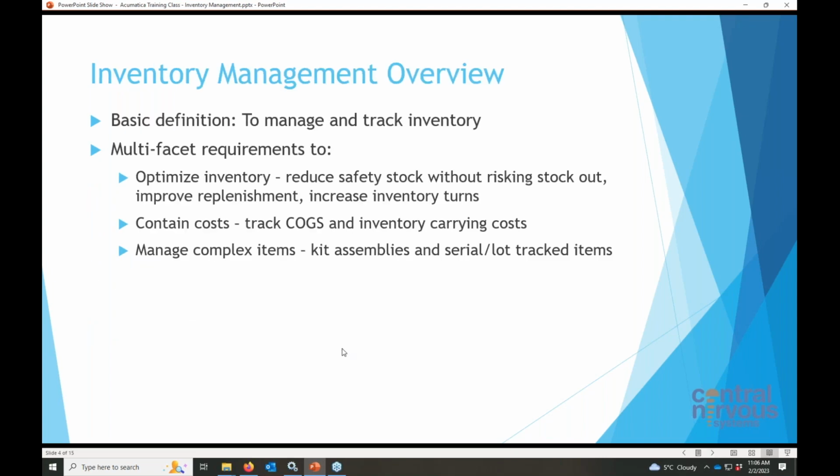So inventory management overview. The basic definition of inventory management is to manage and track inventory. In a nutshell, we want to know where, what, and how much of any particular inventory item is at all times. It's a multifaceted requirement.